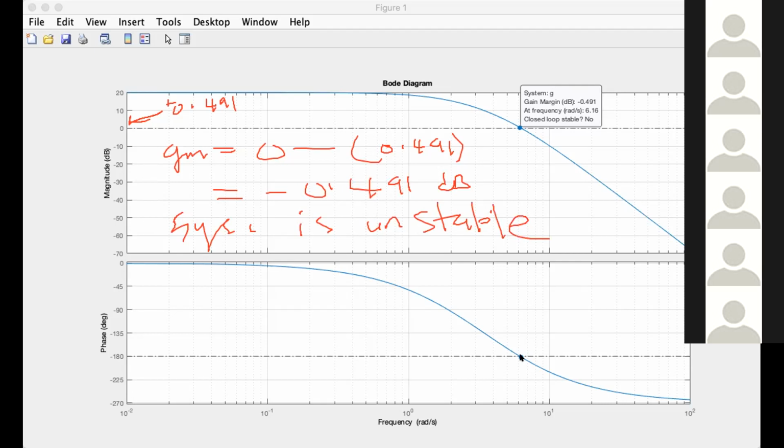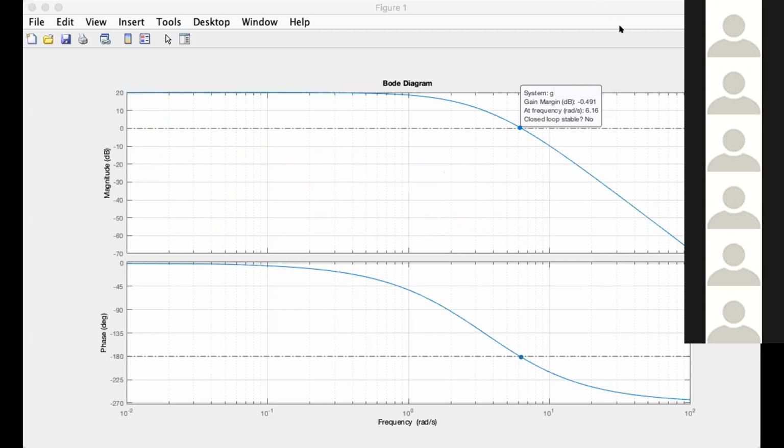And this one is the point here. The phase margin is also negative. You can see that the phase margin is negative and the gain margin is negative. When both gain margin and phase margin are negative, it shows that the system is unstable.